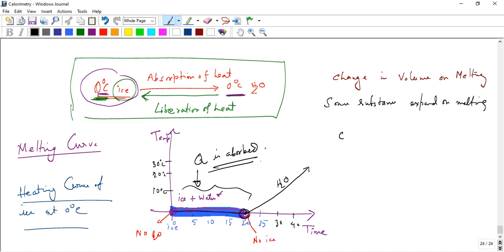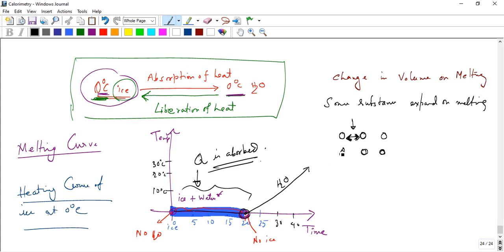We know that in a solid, molecules are close together, and this is the intermolecular space. In a solid, the intermolecular space is very small. When some heat is absorbed, the intermolecular space increases.